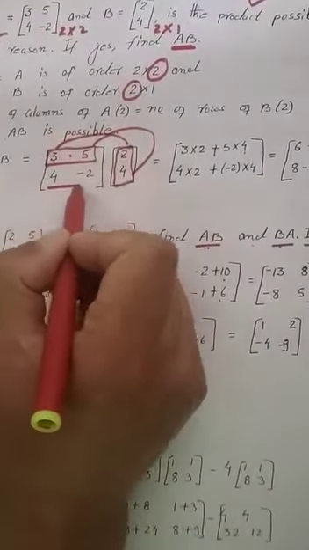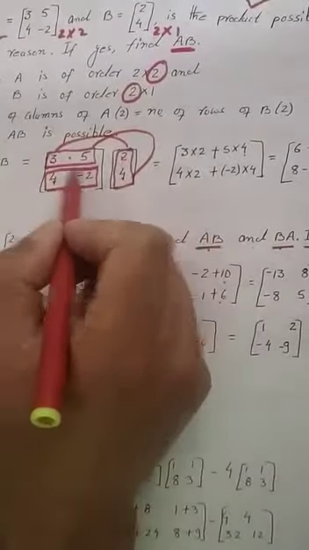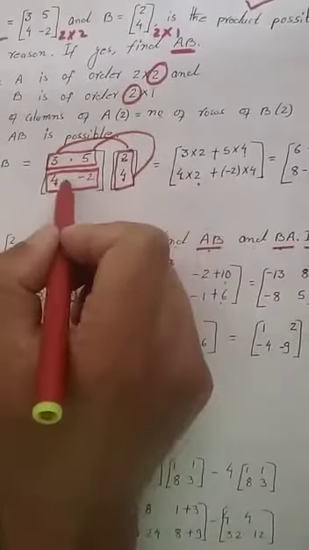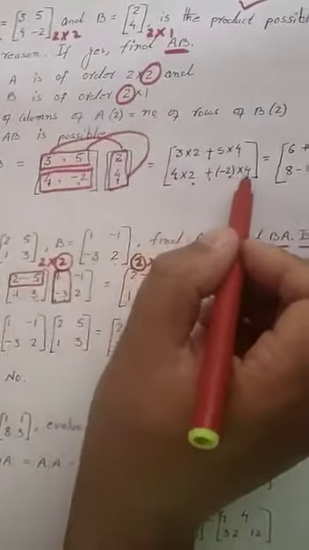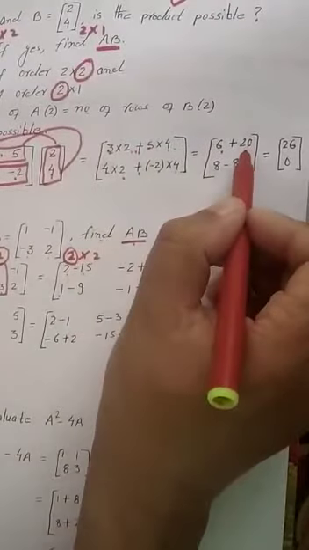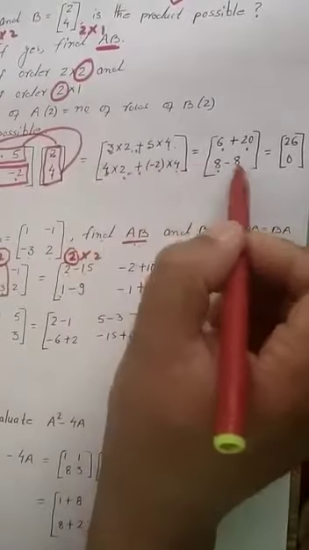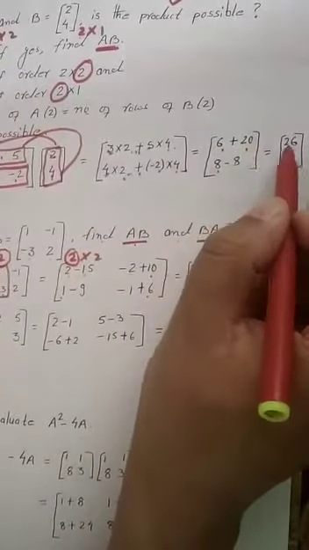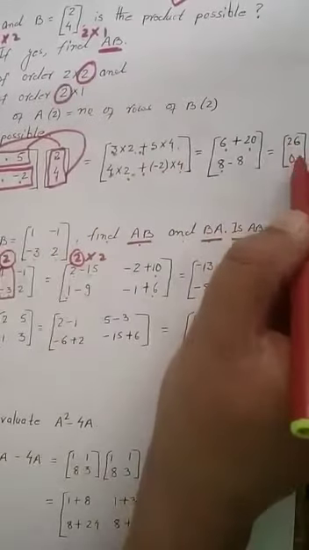Now second row, first column: 4 into 2, plus, minus 2 into 4. So 3 2s are 6 plus 5 4s are 20. 4 2s are 8, plus into minus, 4 2s are 8. So 20 plus 6 is 26, 8 minus 8 is 0. So AB is [26; 0].